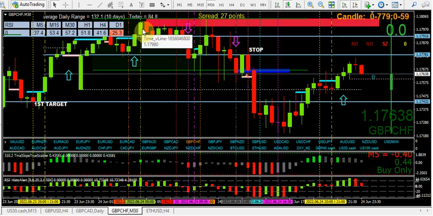But if you place your mouse there, you'll see the high of that candle is 1.18030. So if the high of the red candle was 1.18029, that would be one digit below, and it wouldn't be a double top.